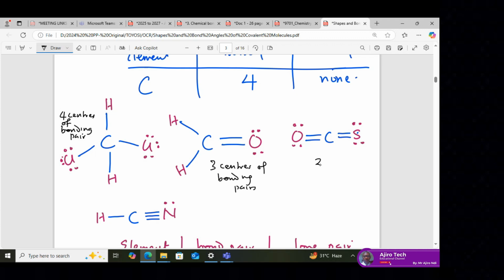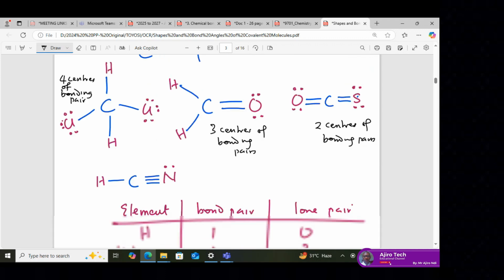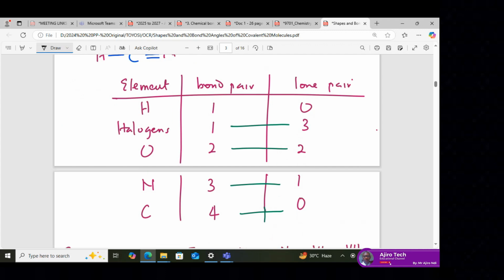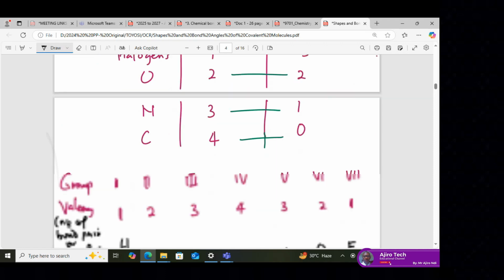What about here? Two centers of bonding pairs. You understand it now very well. And this carbon also too. Hydrogen must have 1 bond pair. Am I right? We have done this before, me and you. Yes, thank you.